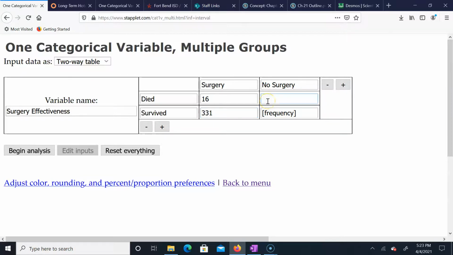Now, no surgery, how many of them died? 31. And how many survived? So there was 348 total, so 348 minus 31 is 317.